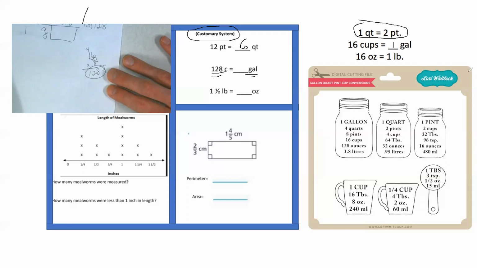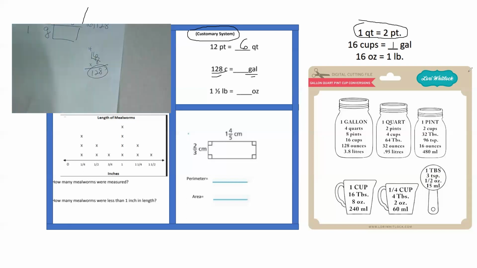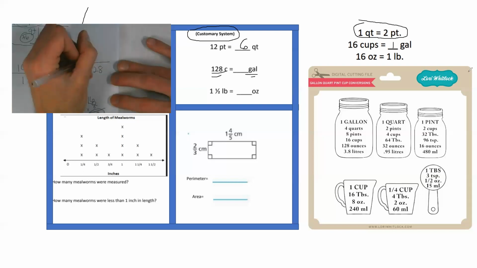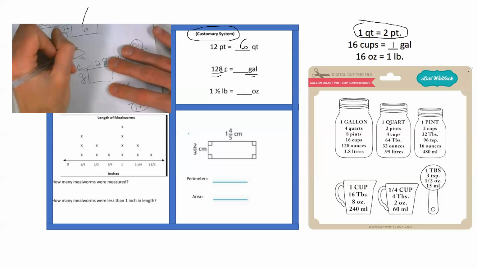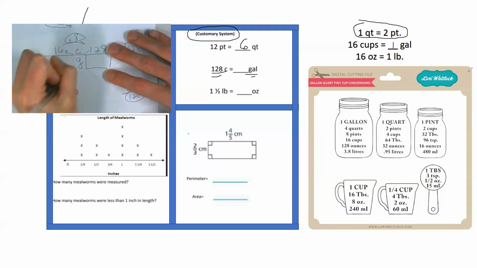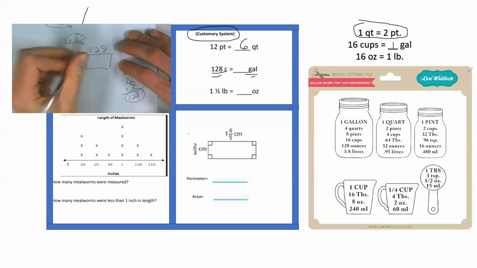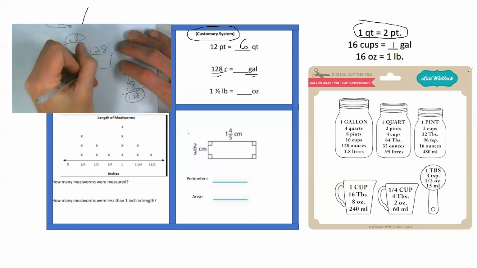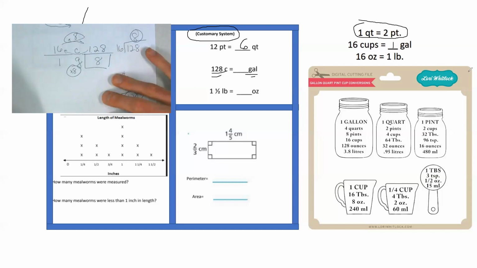My guess was good. And if it's not good, I adjust. So the answer is 8 there. So it's times 8 here. And if it's times 8 there, you do it down here as well. So 128 cups is equal to 8 gallons.